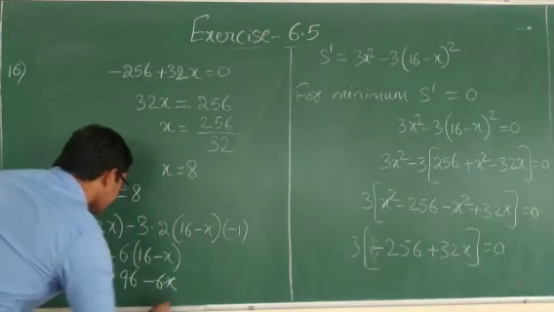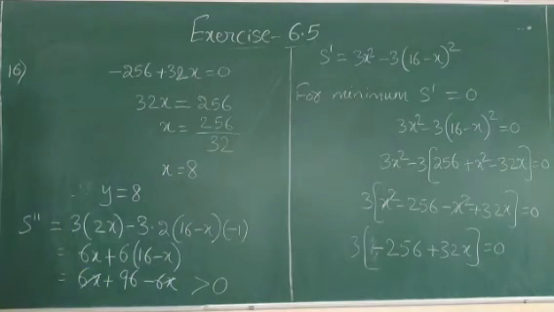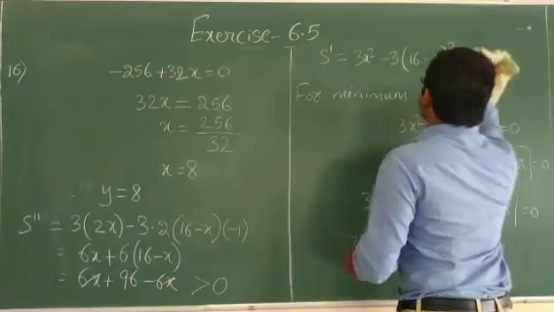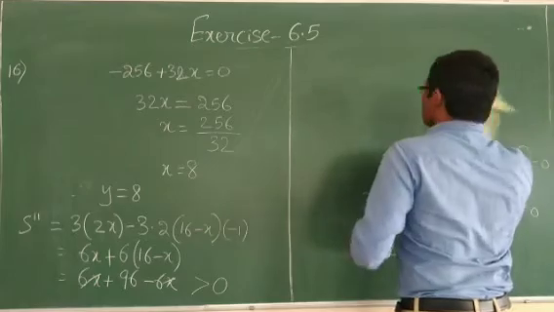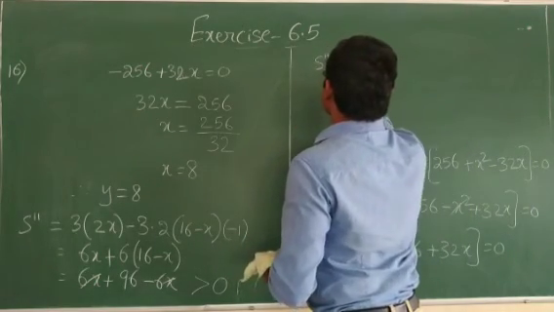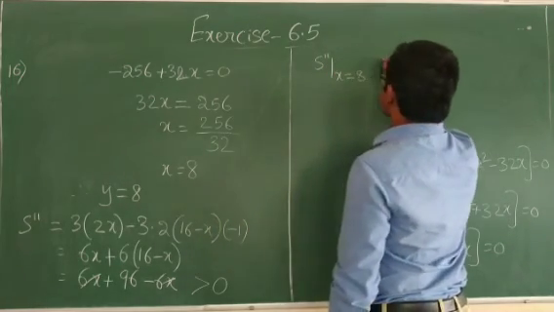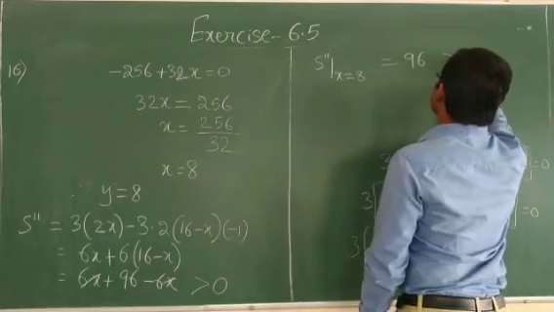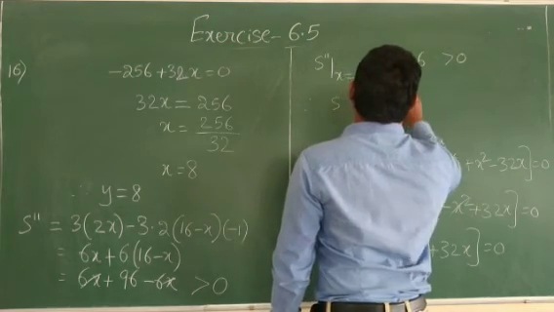We can cancel this. We get 96, which is greater than 0. We get a constant value, so s double dash at x equal to 8 is also 96, which is greater than 0.